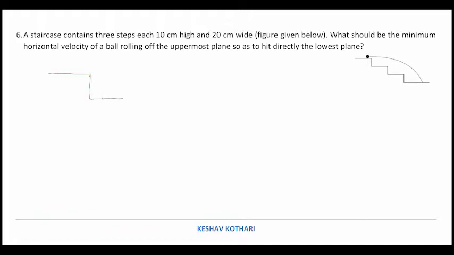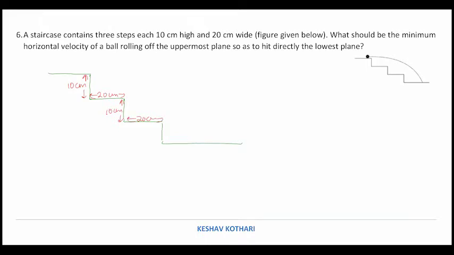So we are considering it in this way. If I specify the distances, they are 10 centimeter high. So this is 10 centimeter and this is again 10 centimeter, and 20 centimeter wide. So this is 20 and this is 20 centimeter.